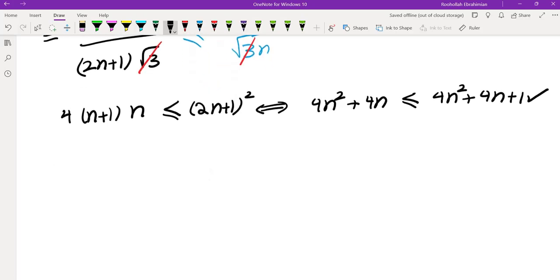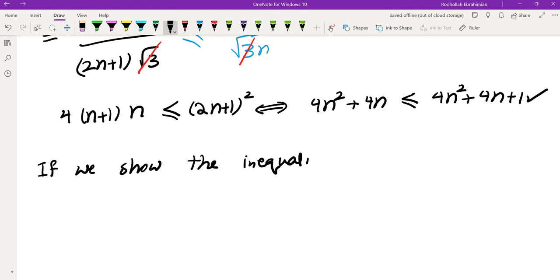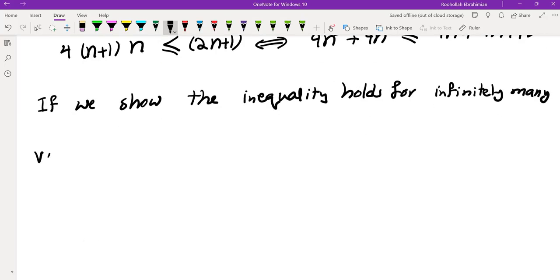So this shows that if the inequality is true for n plus 1, then it is also true for n. So if we show the inequality holds for infinitely many n's, then it would hold for every n.